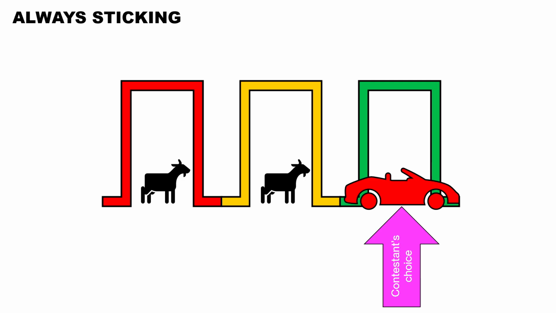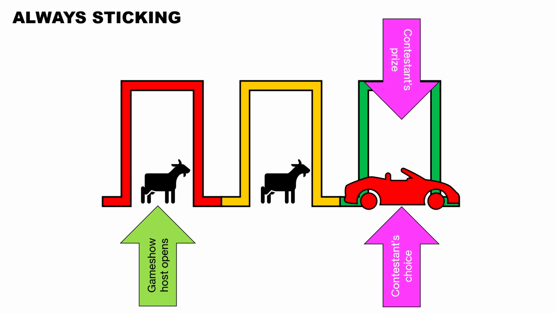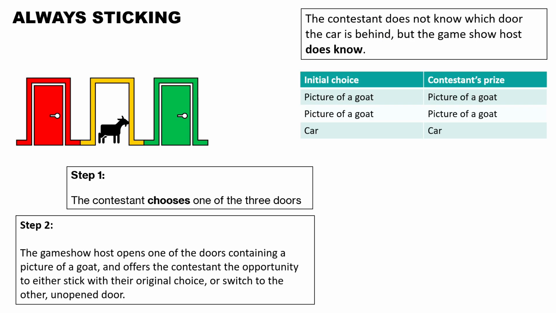Monty Hall could open either the first or the second door. So let's suppose that he opens the first door, and as the contestant is always sticking with their original choice, they win the car. So we can see that whenever the contestant originally chooses the picture of the goat, they win the picture of the goat. Whenever they originally pick the car, they win the car.